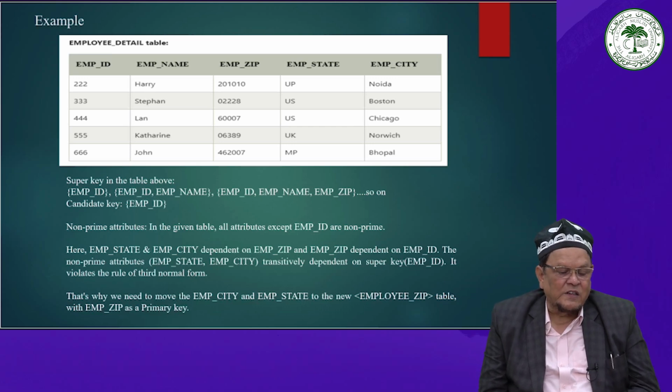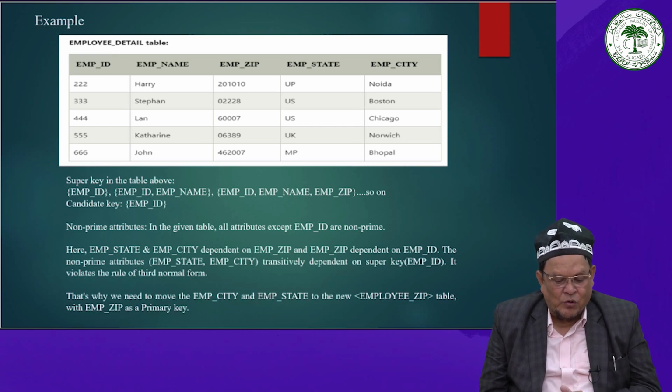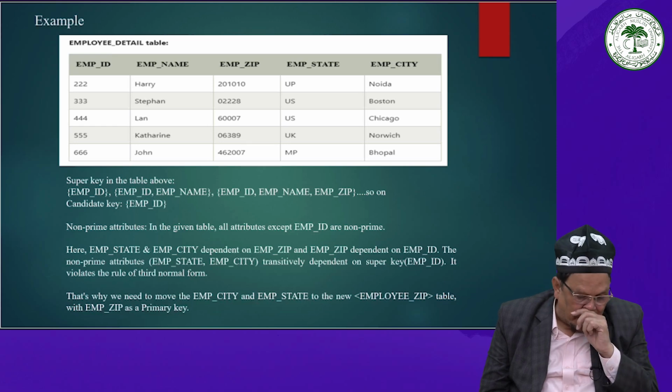Here the candidate key is the employee ID. The non-prime attributes in the given table are all attributes except employee ID.